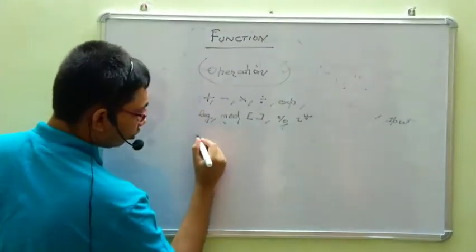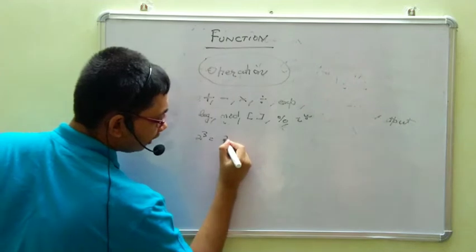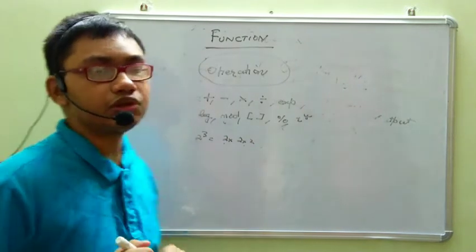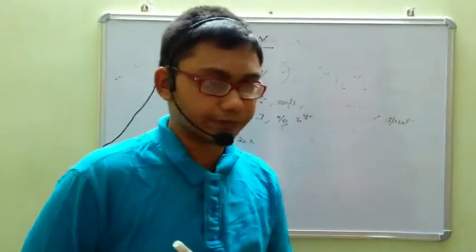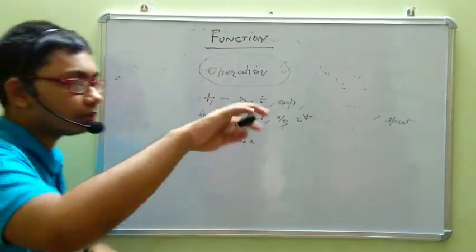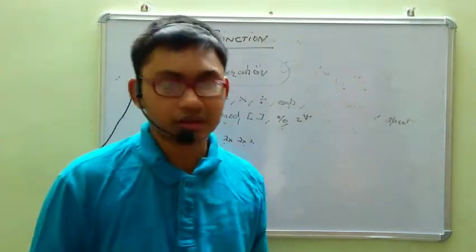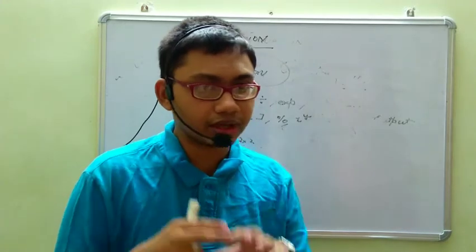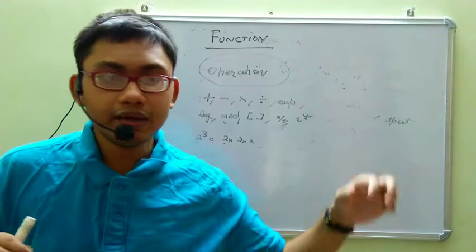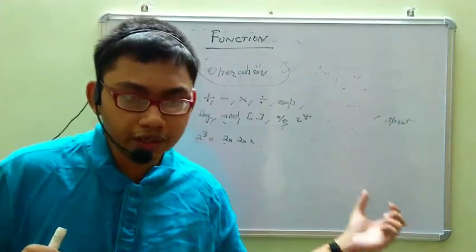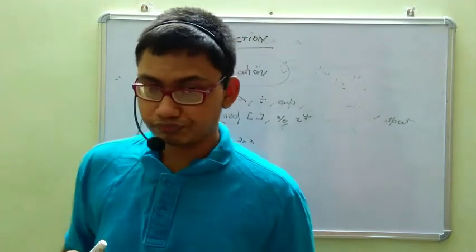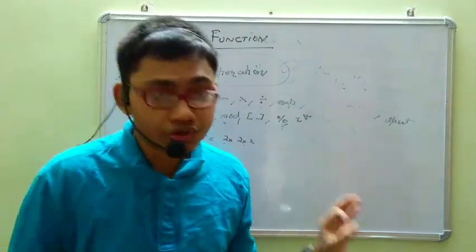If I say 2 raised to 3, then it should be interpreted as 2 into 2 into 2, 2 multiplied 3 times by itself. That is 2 raised to 3. So all these operations will be put into some sequence. There are many sequences which we can combine, but when a particular sequence is performed, it will convert a given input into a given output. This is a function.